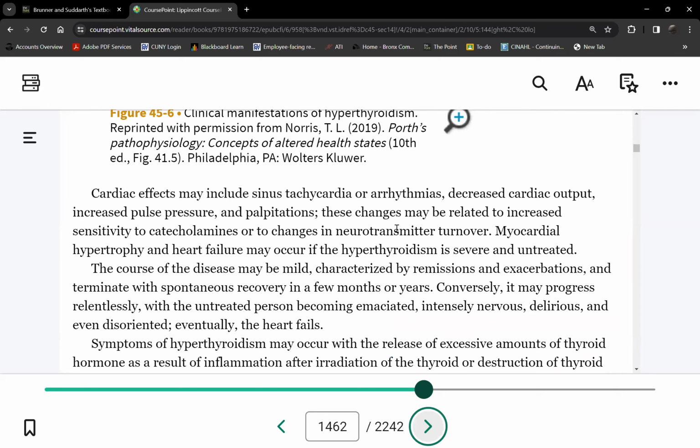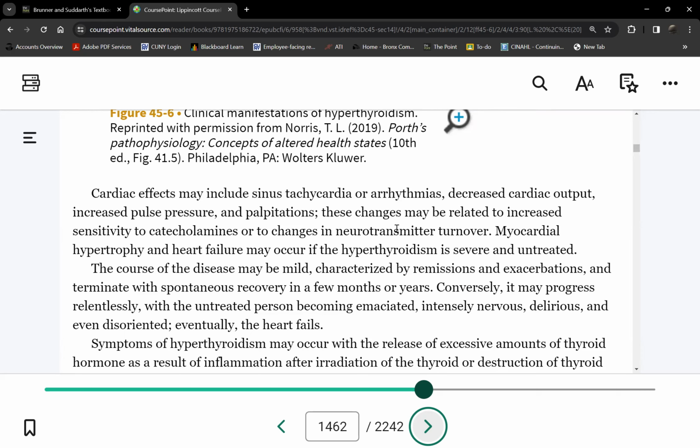So the cardiac effects are again very serious. So when they're admitted to the hospital, we have to monitor them, put them on telemetry, to see cardiac function, cardiac rhythm, how are they doing, frequent blood pressure checks. But take note that they are very irritable. So what effect will that have on their blood pressure and heart rate?